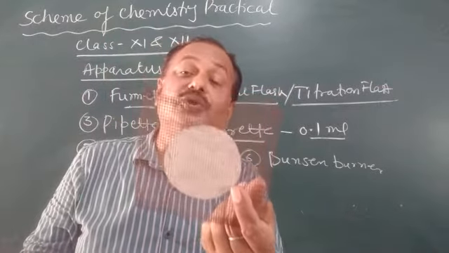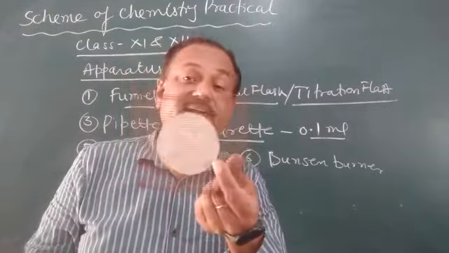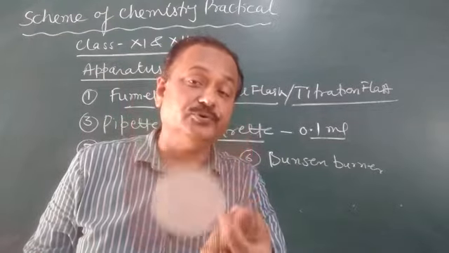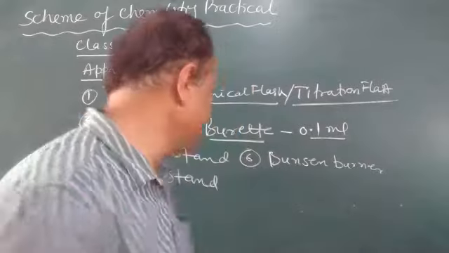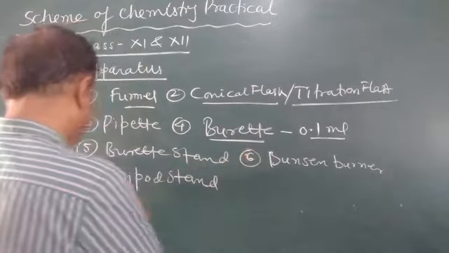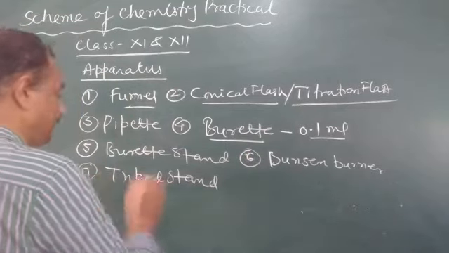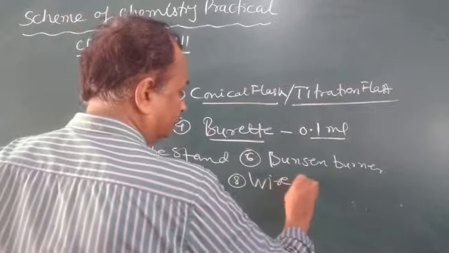It is the wire gauze. Now see, there is a white layer. It is not paper. It is fireproof. It is basically an asbestos layer. So this is the wire gauze.